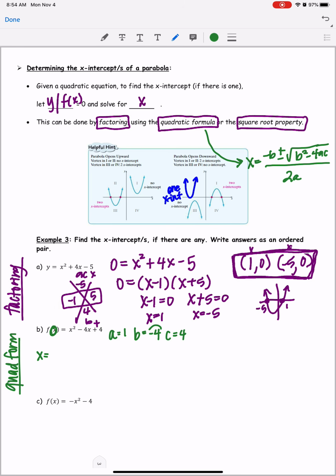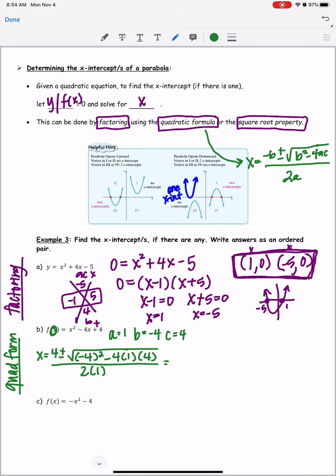Well, because my b is already -4, it turns to just a +4, plus or minus the square root of b squared. You have to put that in parentheses, guys. B squared minus 4 times A times C, and this is all over 2A.